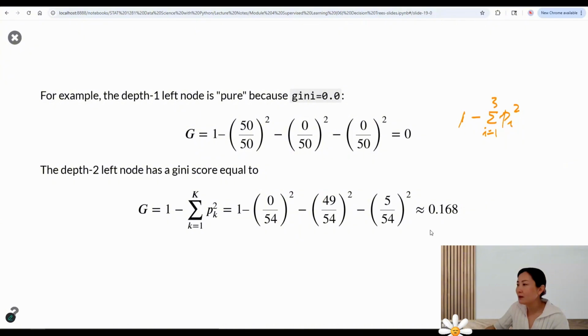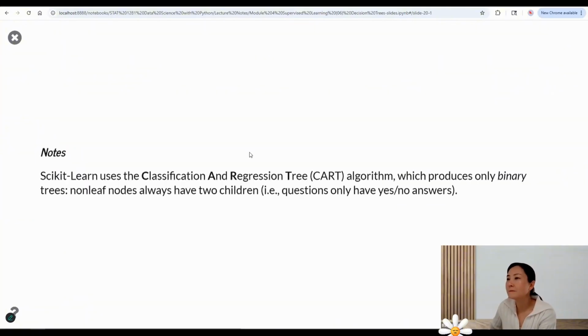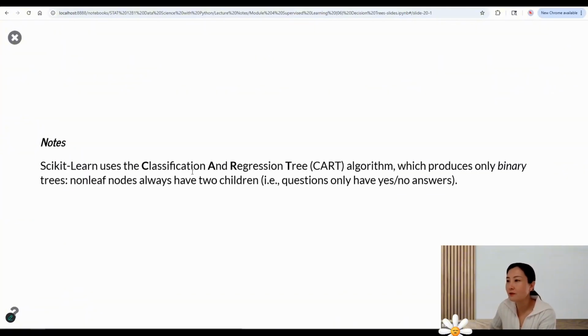So you get 0.168. This is how to calculate Gini manually and verify the result. Of course, you can also use this formula to get exactly the same result. You can check the Gini impurity in all of the other nodes.